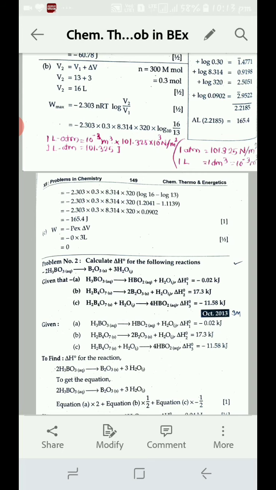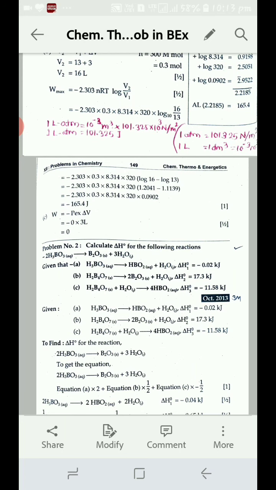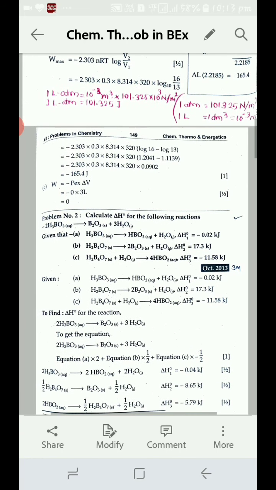And if we carry out these changes, then delta H1 multiplied by 2 becomes minus 0.04 kilojoule. Then if we multiply B by 1 half, we get delta H2 divided by 2, meaning 8.65, and multiply equation C by minus half.